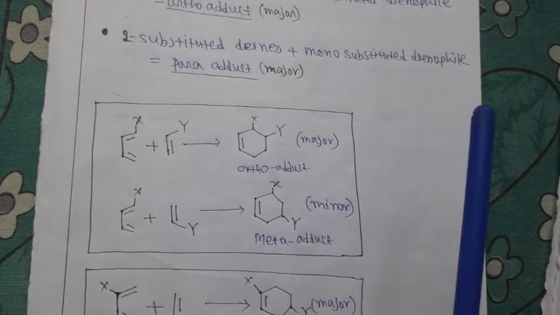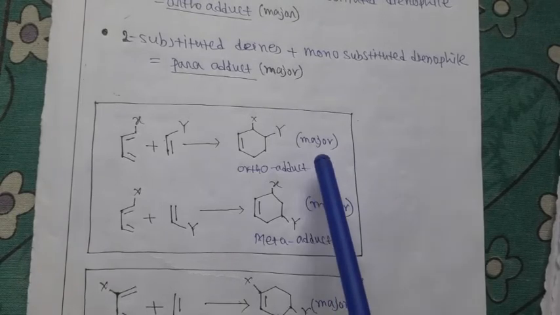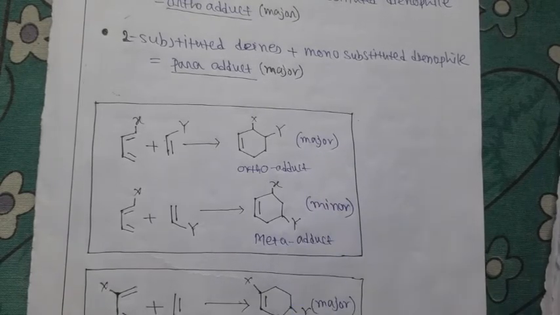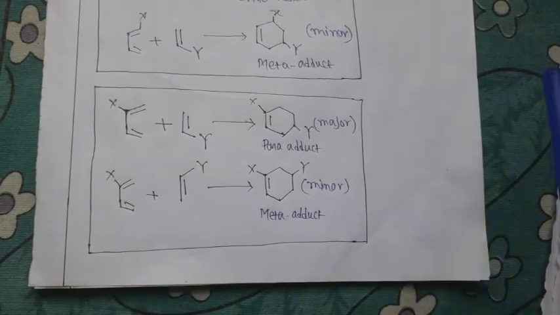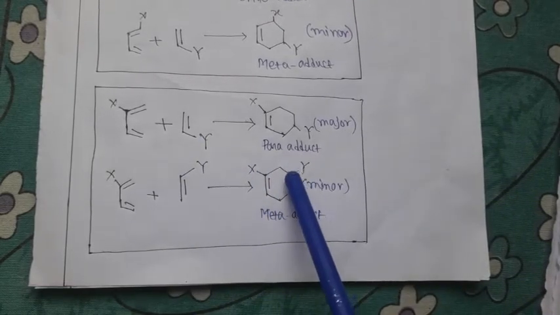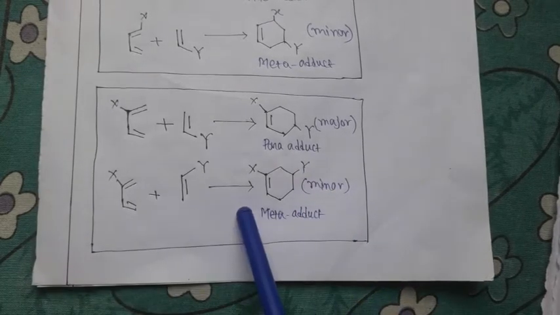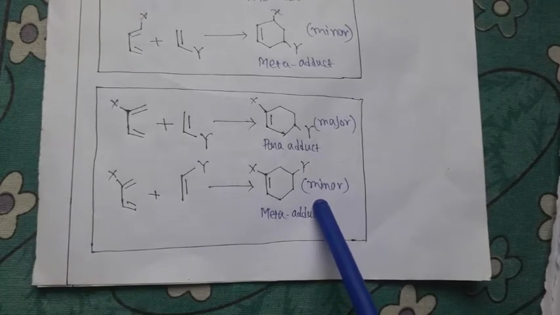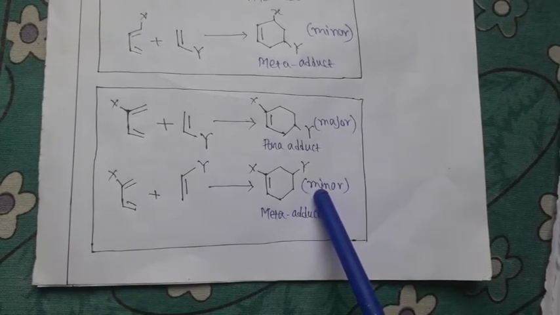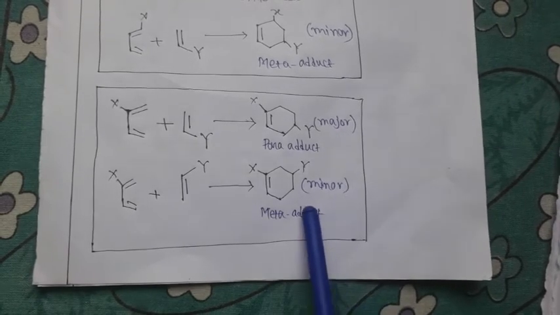According to the ortho-para rule, ortho adduct will be major while meta adduct will be minor. Similarly, two substituted diene and monosubstituted dienophile can orient like this to form para adduct, or they can orient like this to give meta adduct. According to the ortho-para rule, para adduct will be the major product while meta adduct will be the minor.